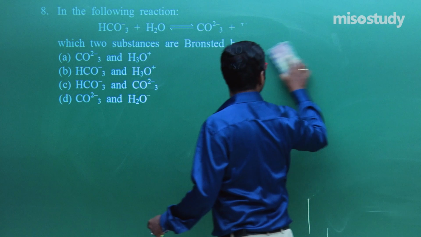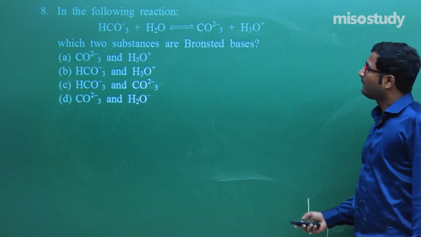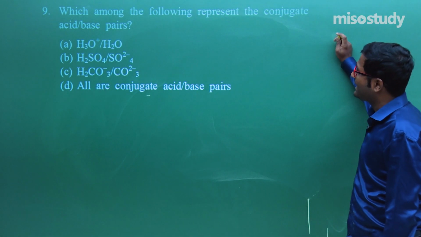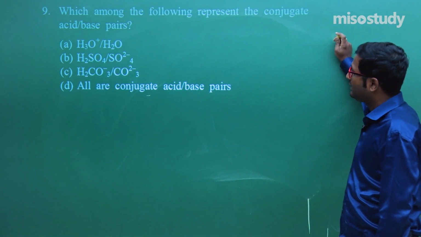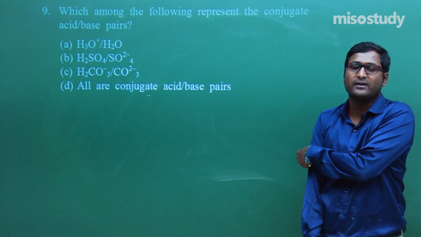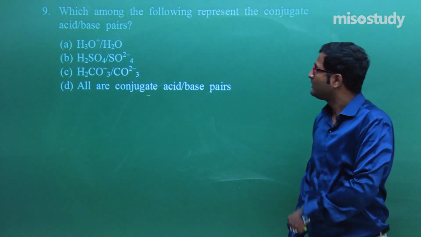The next one is question number 9. Which among the following represent the conjugate acid base pair? As we know, in a conjugate acid base pair there is a difference of H plus, 1 H. Now check it out.